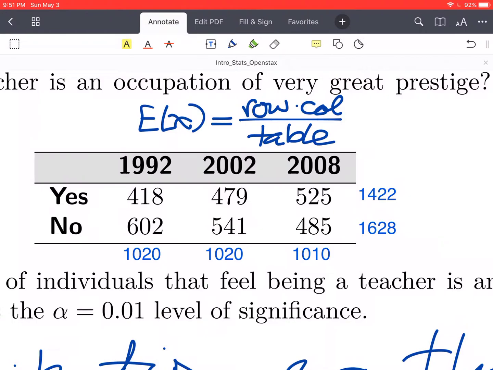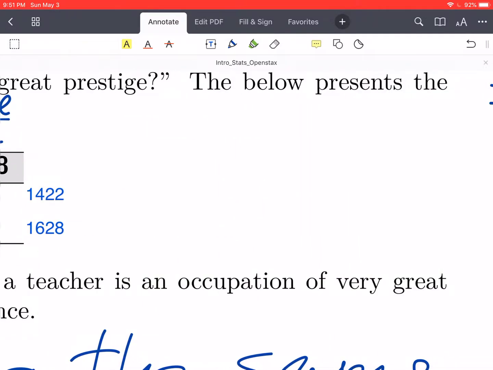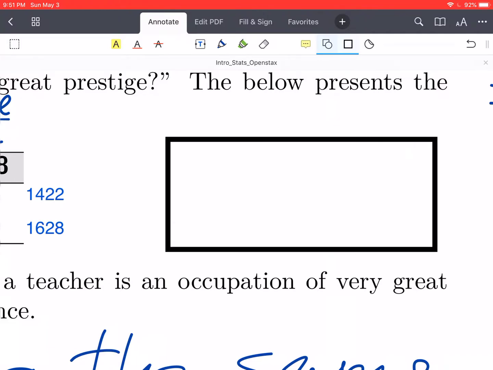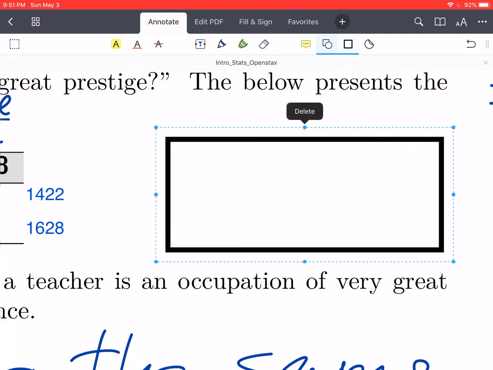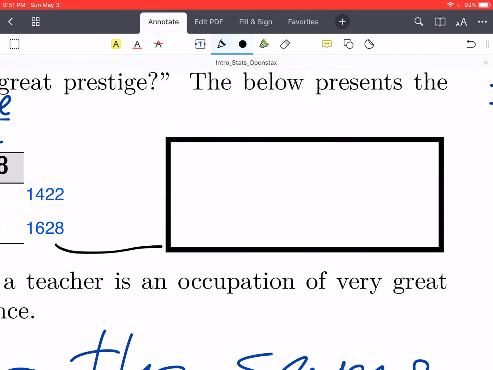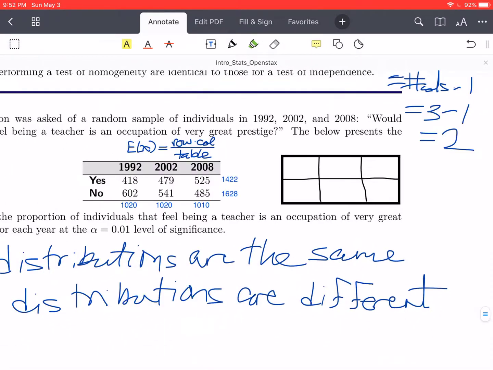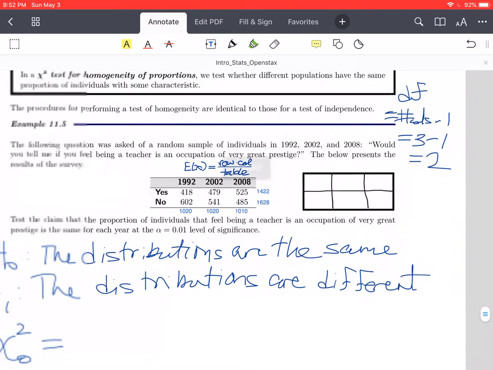If we do that for each of these, we can go ahead and make a new table here.